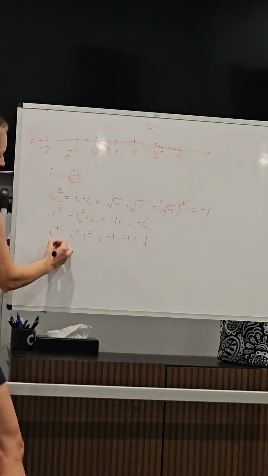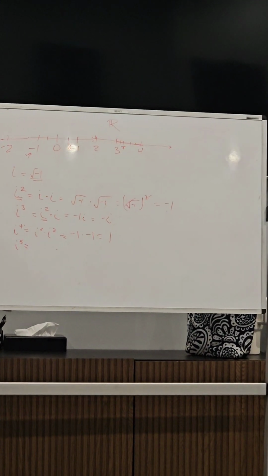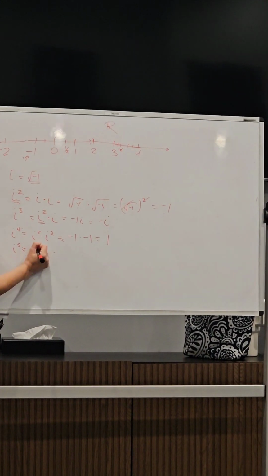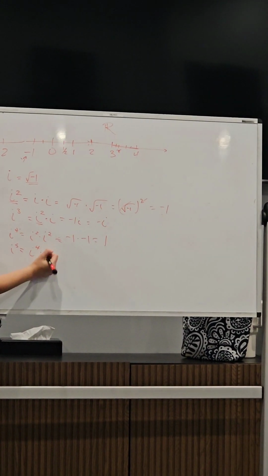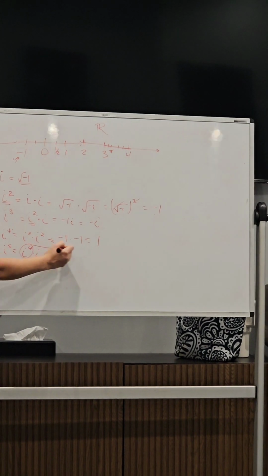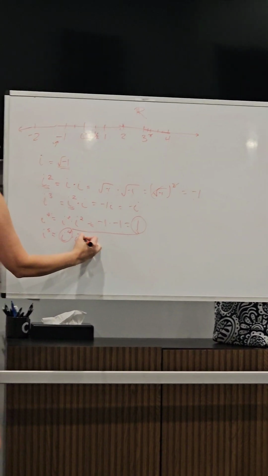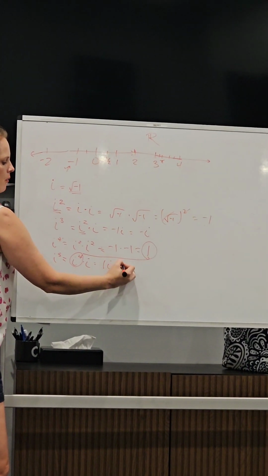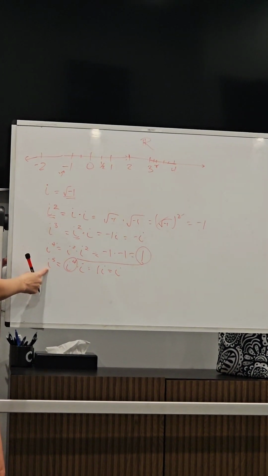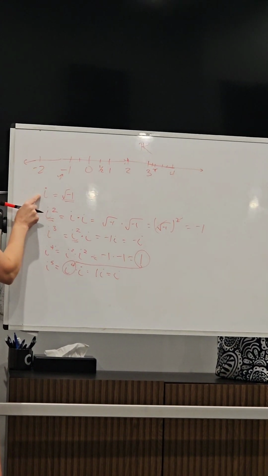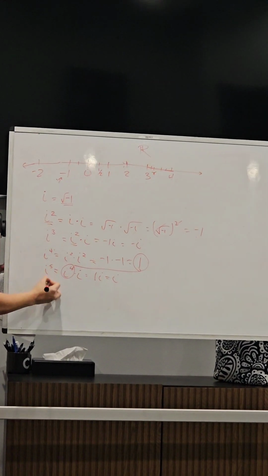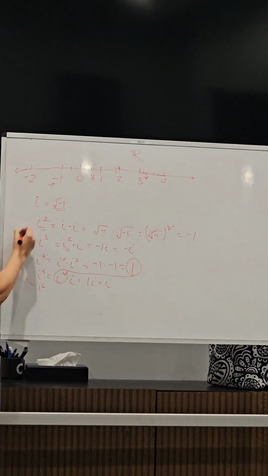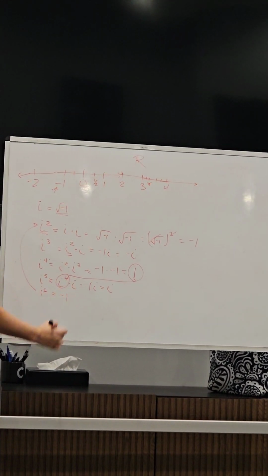And I can keep going on and on. I to the 5th, right? It's I to the 4th times an I. Well, I know that I to the 4th is 1. So it's just 1 times I, which is just I. So I to the 5th goes back to I. I to the 6th is going to go back to I squared, which is still going to be negative 1.